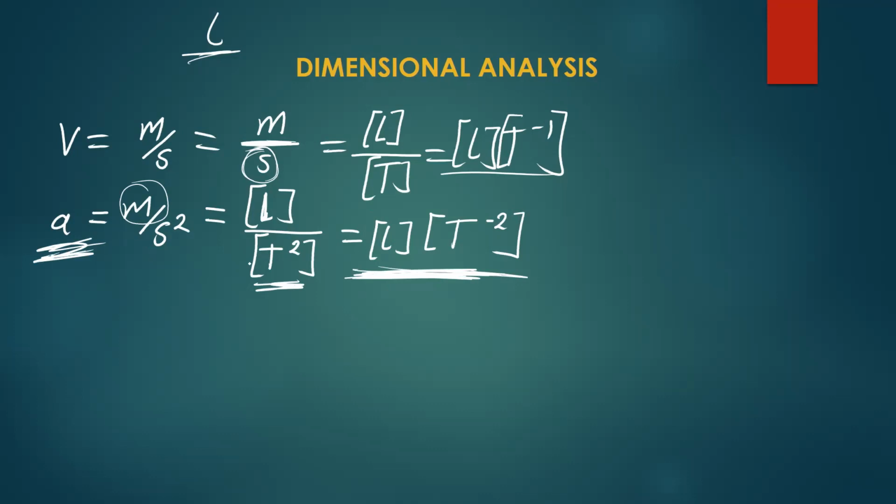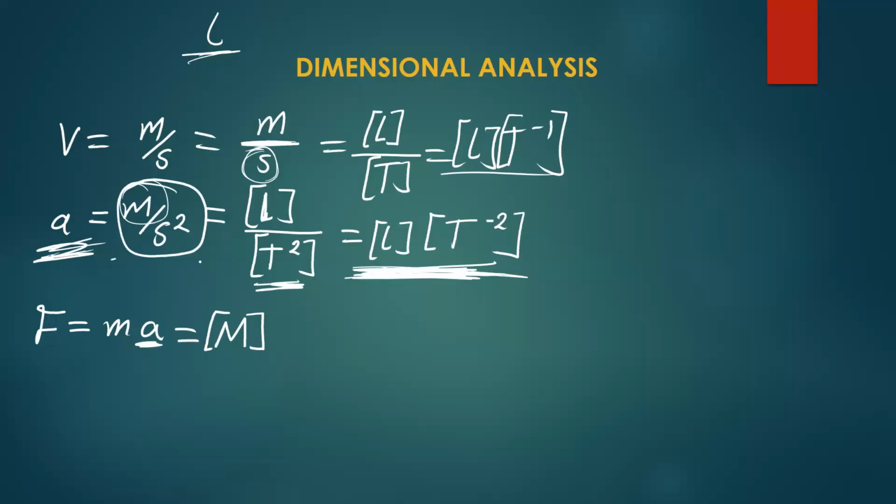So now let us try to find the dimensions for force. So we know to say force is equal to what? Mass times acceleration. So what are the dimensions for mass? Mass is capital letter M. Dimensions for acceleration, we have found them there. But if you want, you can use its units.